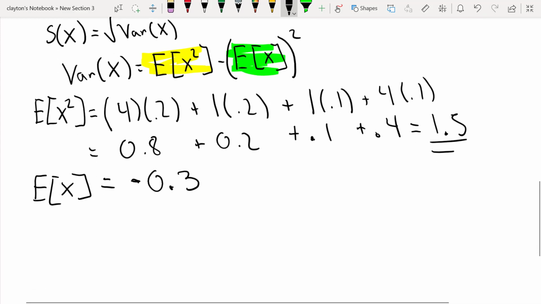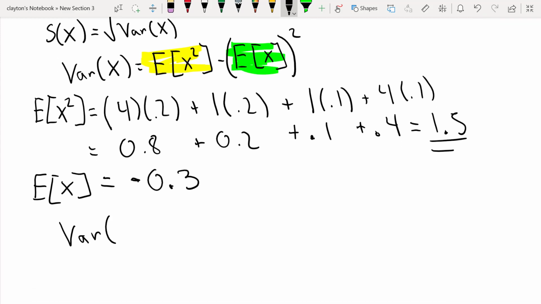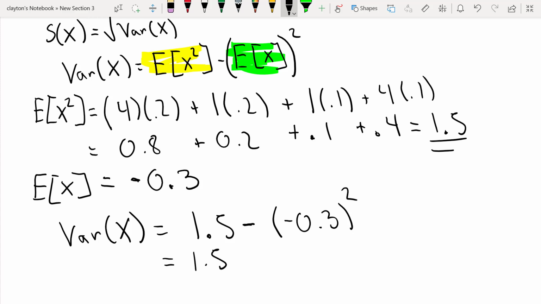And so now if we want the variance of x, we're going to take 1.5, which is what we just found, minus negative 0.3 squared. So in other words, 1.5 minus, this is going to be 0.09, and so we should get 1.41.